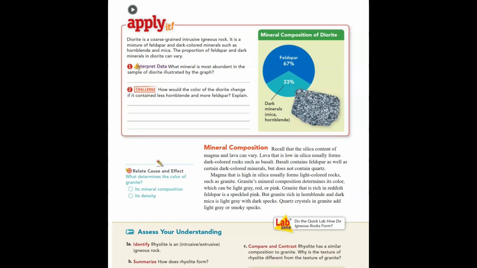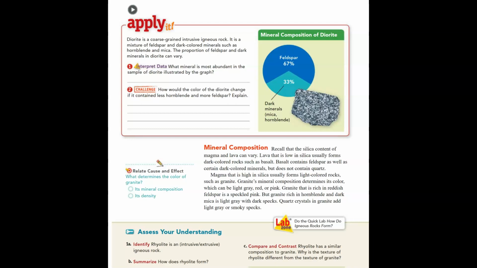It says, what mineral is most abundant in this sample, illustrated by the graph? Well, we can see which one's taking up the most space on our pie chart. Feldspar. So that's the mineral that is most abundant in this specific piece of diorite. Our challenge question is, how would the color of the diorite change if it contains less hornblende and more feldspar?